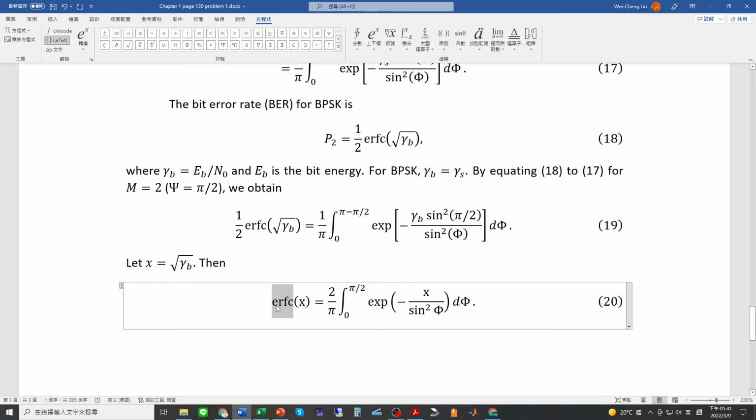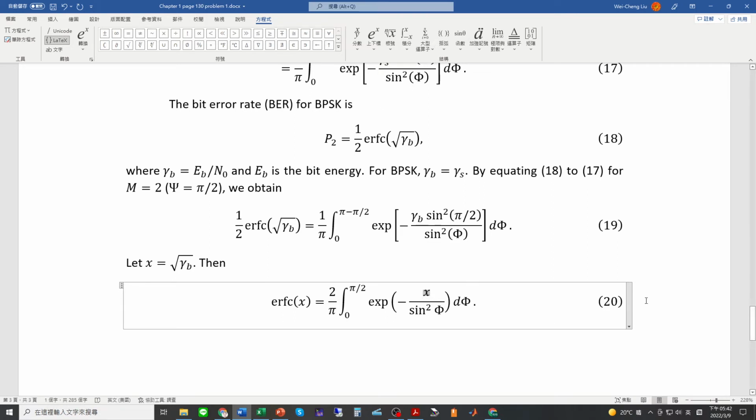So finally, erfc of x is equal to 2/pi times the integration from 0 to pi over 2 of exponential minus x squared over sine square phi d phi.